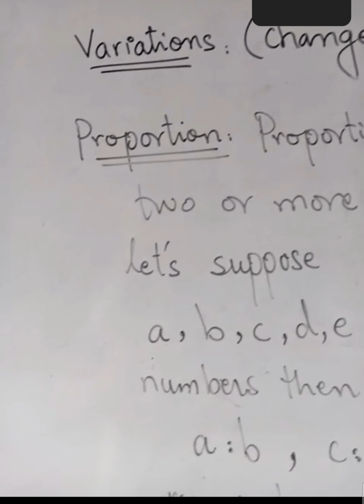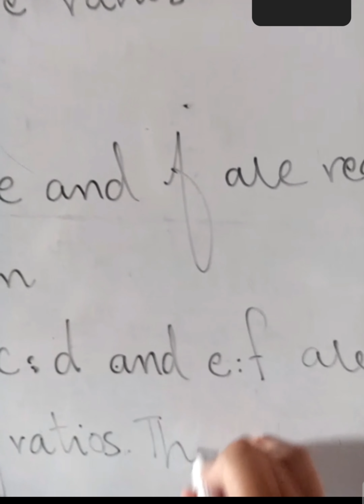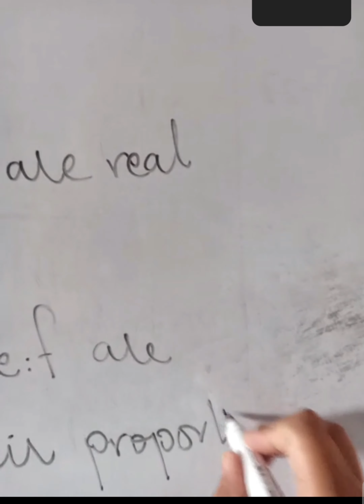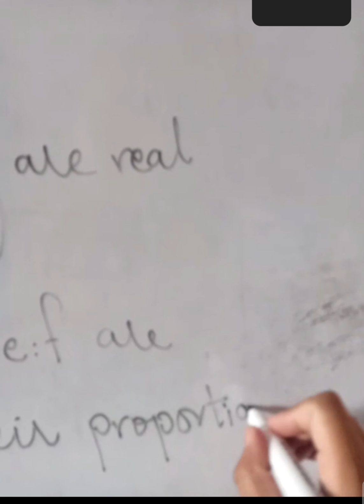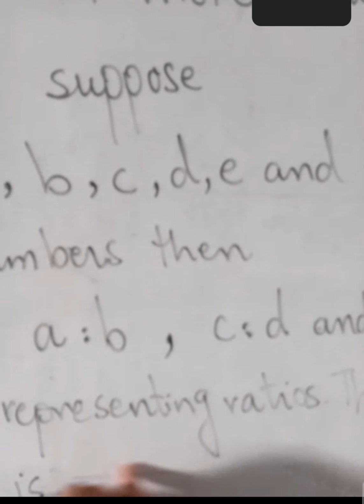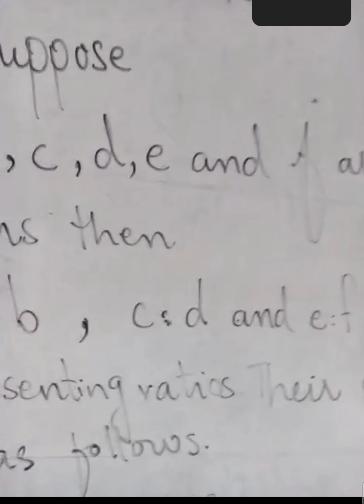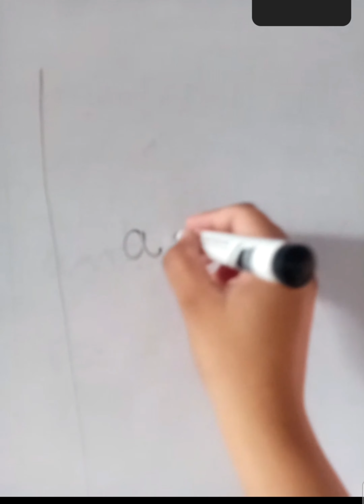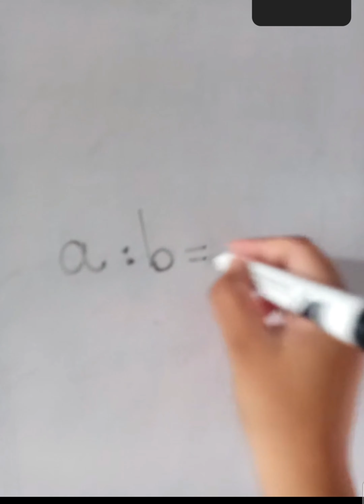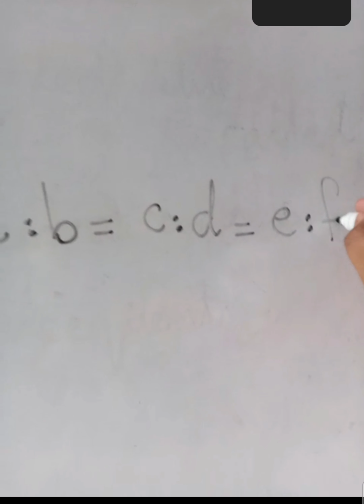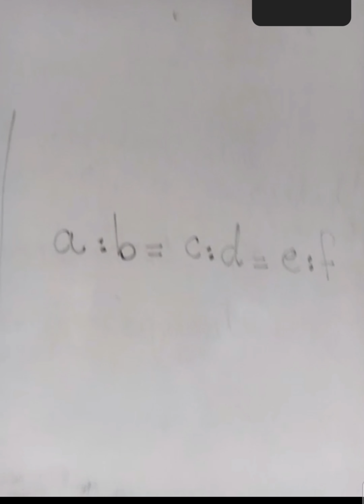Now their proportion is as follows. A ratio B is equal to C ratio D is equal to E ratio F, okay?